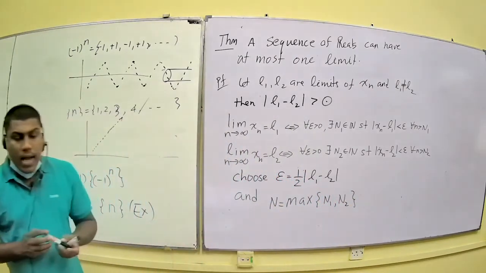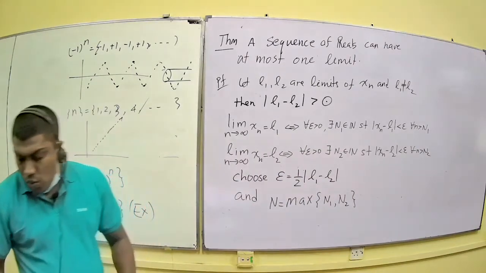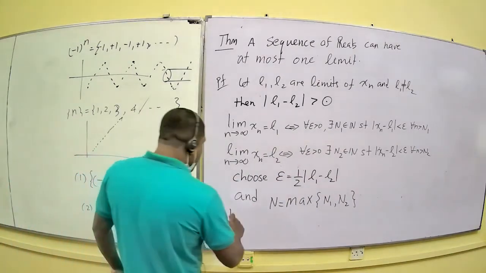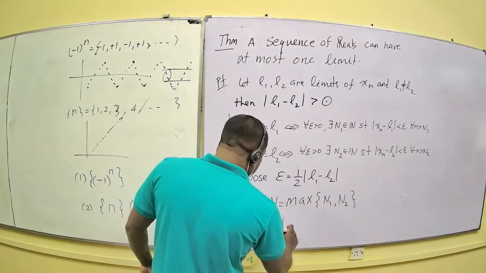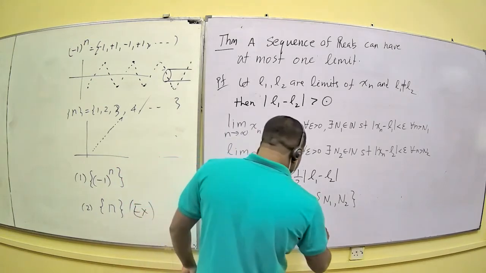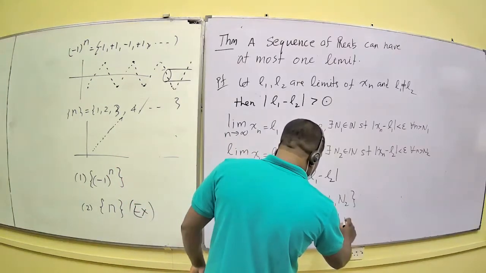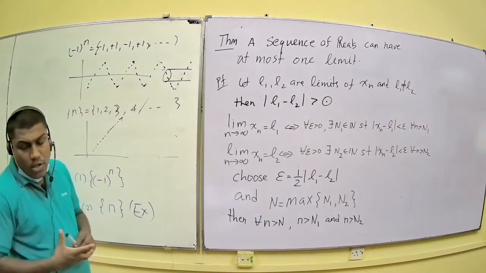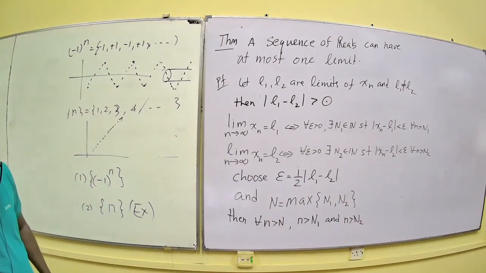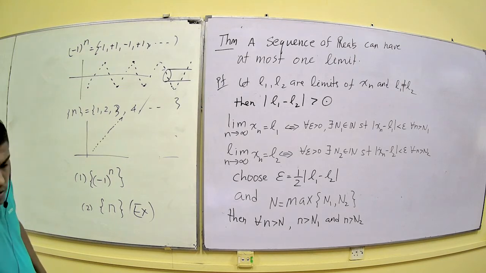Choose capital N as the largest number among n1 and n2. Then for every n bigger than N, you will get n greater than n1 as well as n greater than n2.